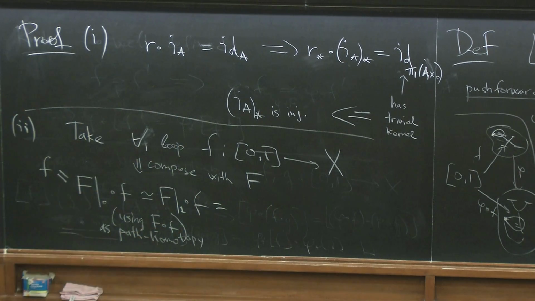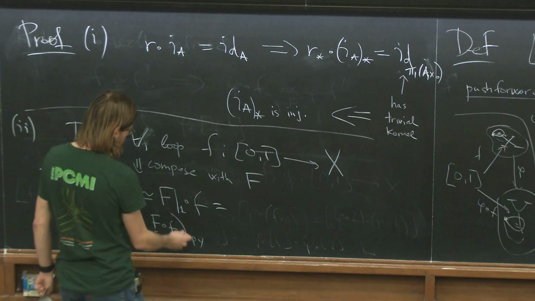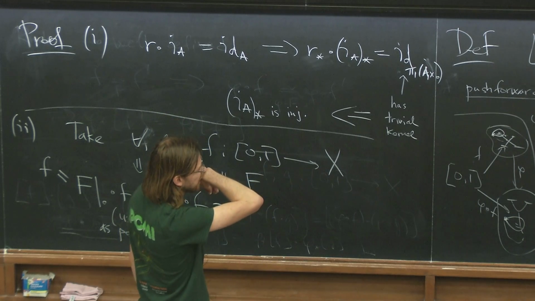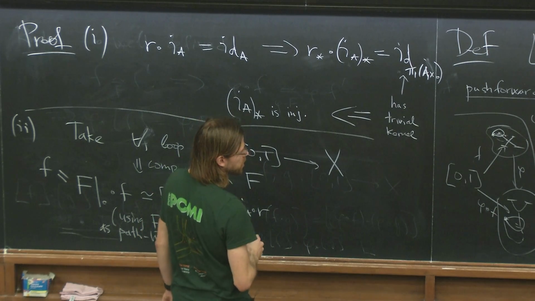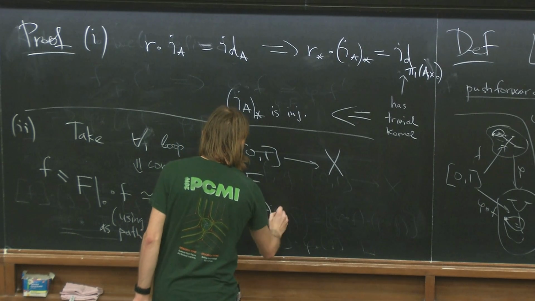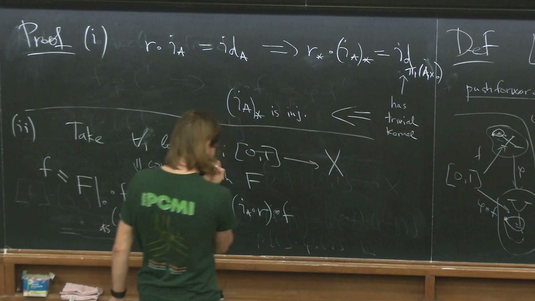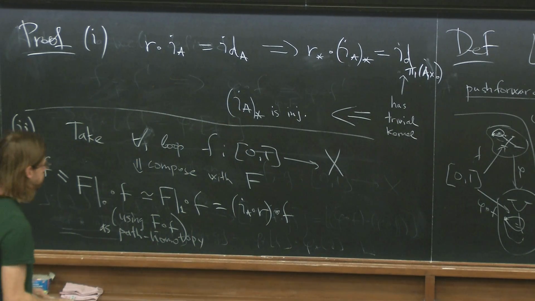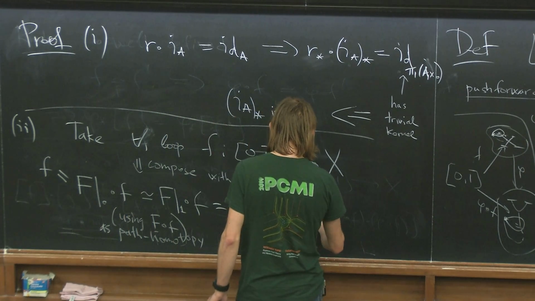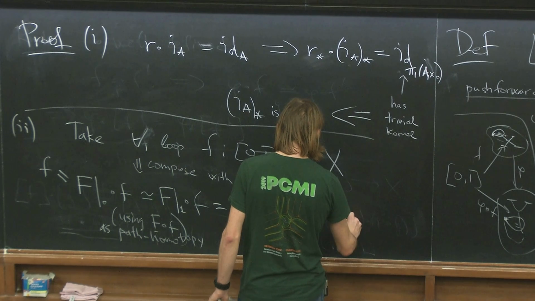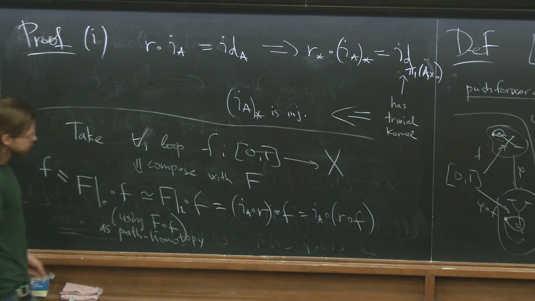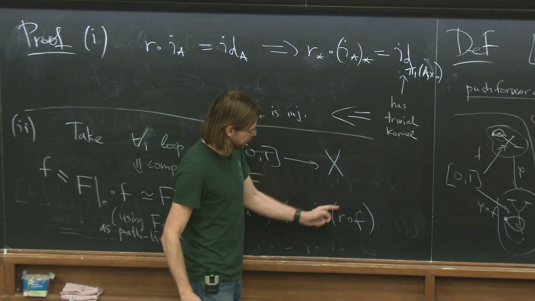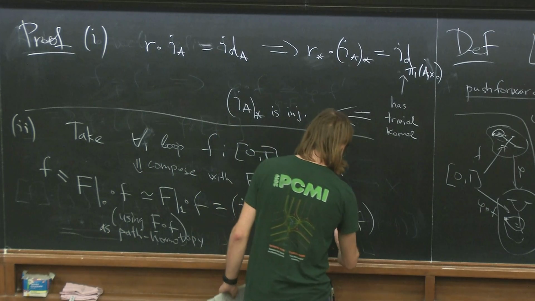Now we use the fact that the restriction of F to 1 is the composition of our retraction and inclusion, which is f. We can change the order of the composition and obtain a composition of the inclusion map with something that can be understood as a path.